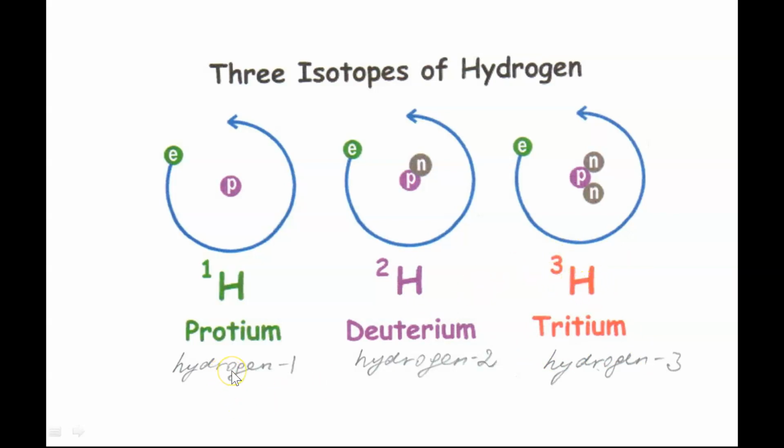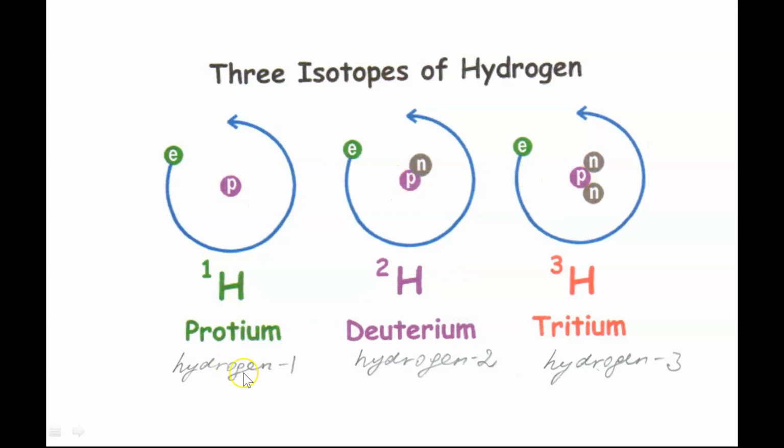So hydrogen 1 will have 1 proton, right? Because it's hydrogen. Hydrogen 2 will also have 1 proton because it is still hydrogen. And guess what? Hydrogen 3 will have just 1 proton because it is hydrogen. If it has 2 protons, it becomes helium. If it has 3 protons, it becomes lithium, right? But all of these are isotopes of the same element, so they have to have 1 proton.